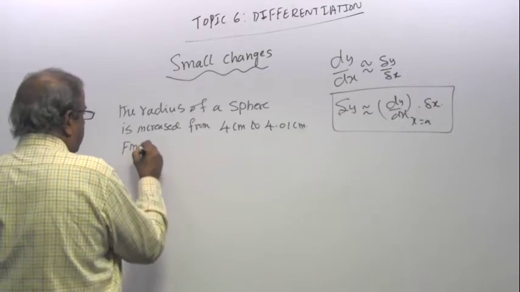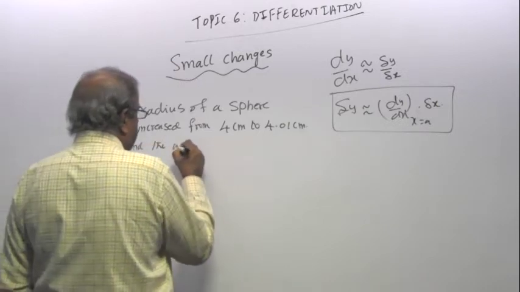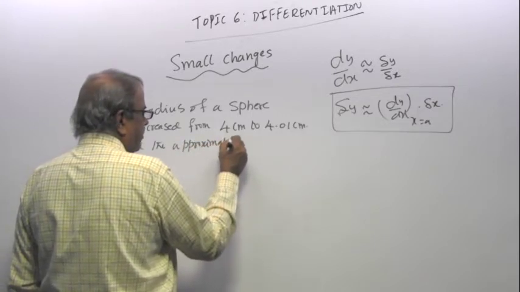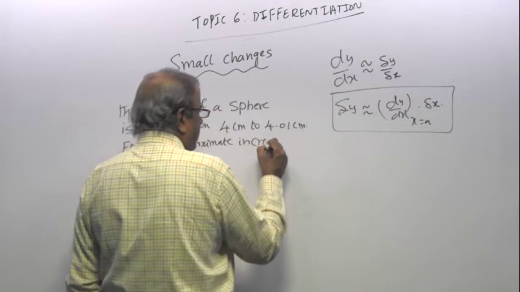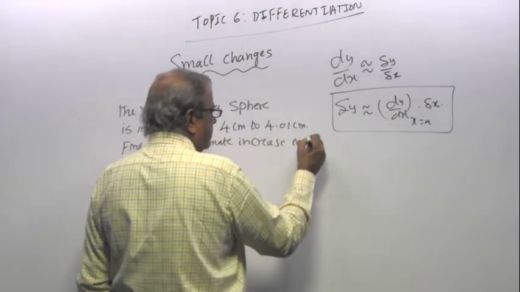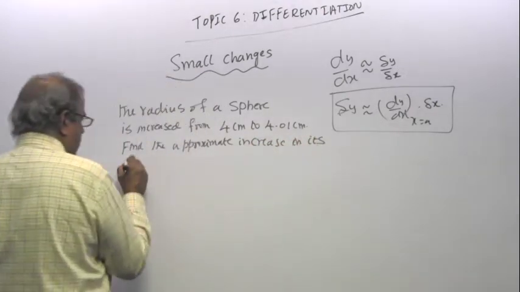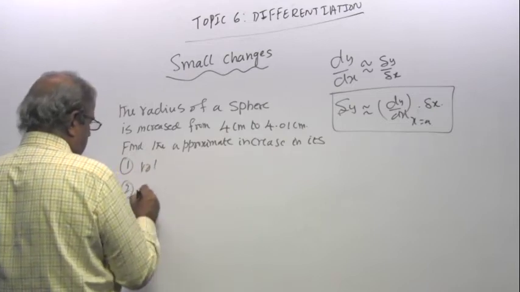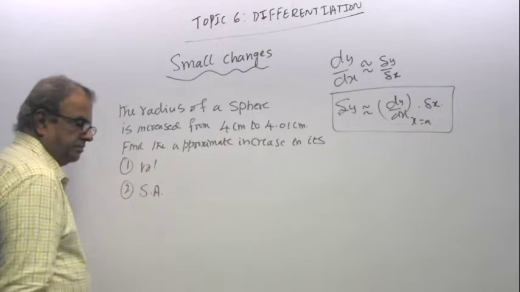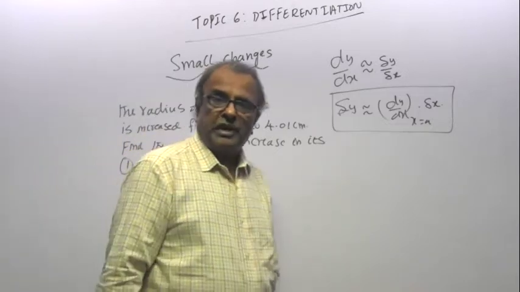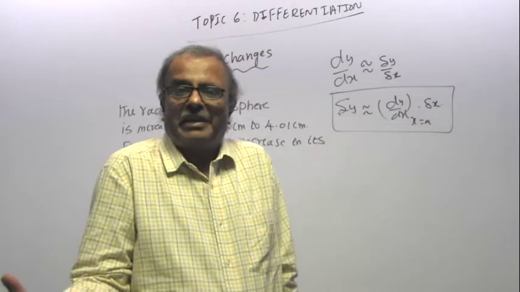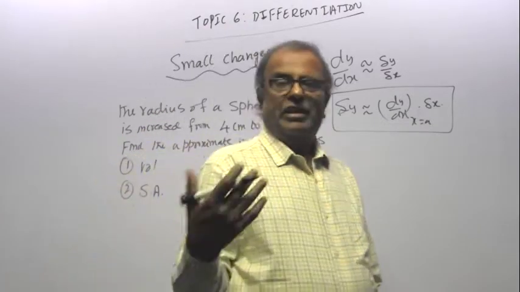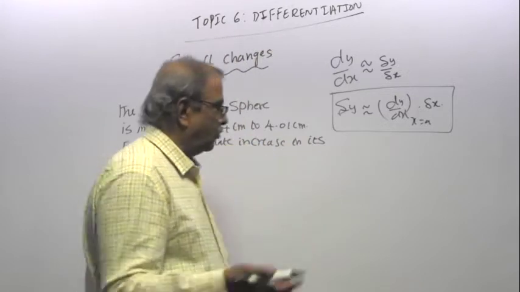Find the approximate increase in its number 1 volume and number 2 surface area. So first and foremost, as usual, identify the variables. The variables are the radius r, the surface area A, and the volume V.